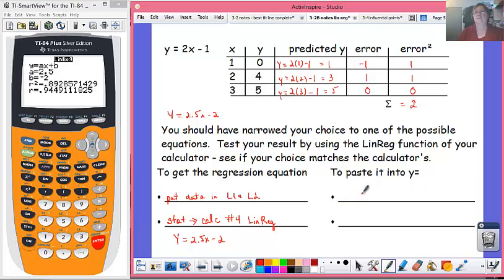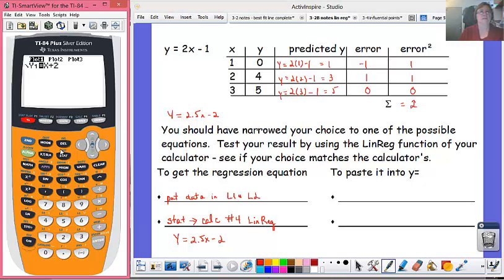To get this equation into the y equals of our calculator, first things first, we're going to clear out anything that is in the y equals. With that on our screen, we hit the y equals key.